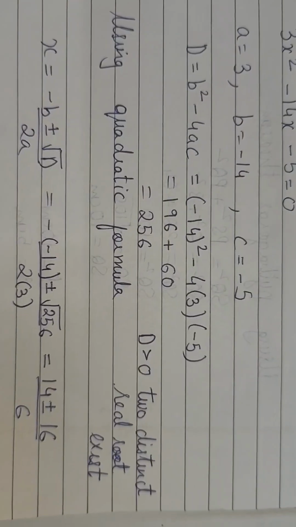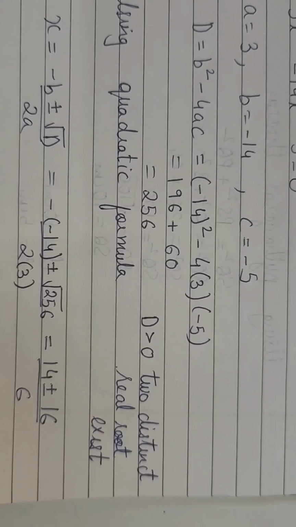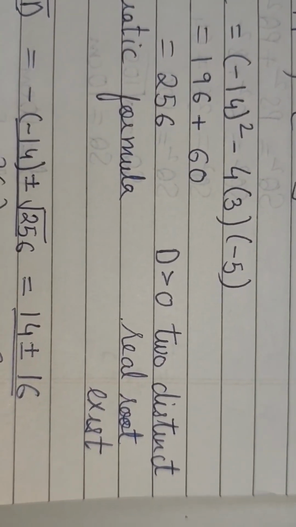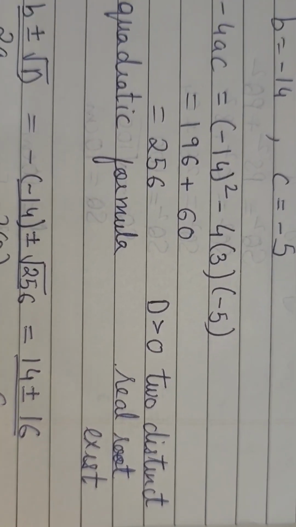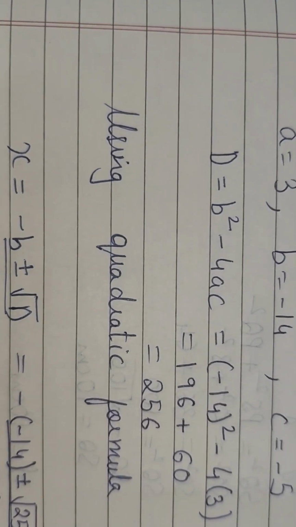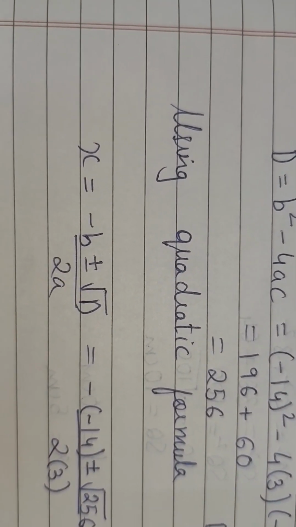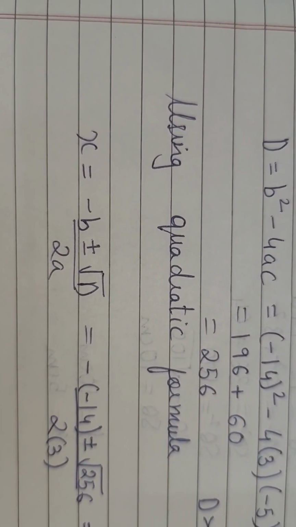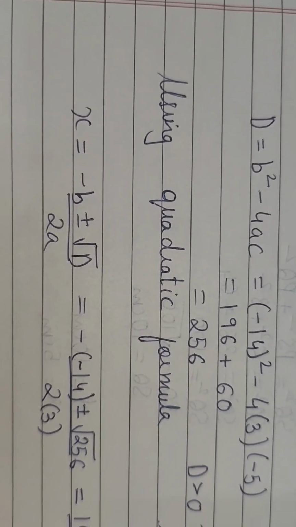After solving I will get the value of D is 256. Since D is greater than 0, two distinct real roots exist. Then using the quadratic formula, what is the quadratic formula? x is equal to minus b plus or minus root D upon 2a.